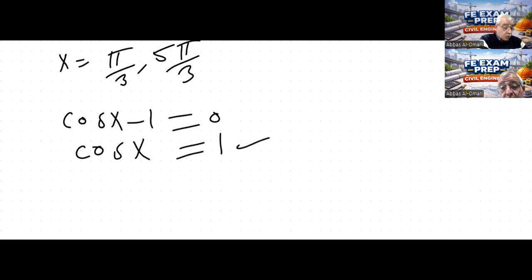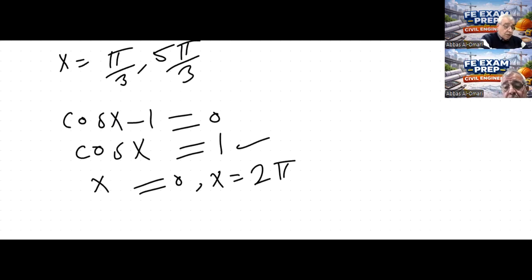Again we have two angles. It is either x equals 0 or x equals 2 pi, which is a full circle. So the cosine of 0 is 1, and also the complete circle, 2 pi.